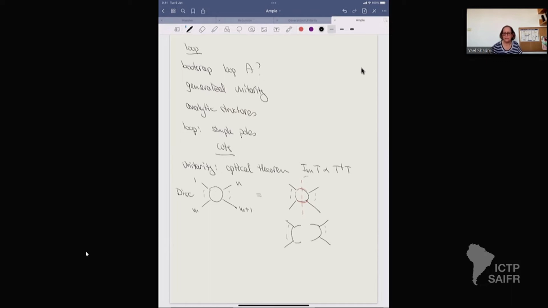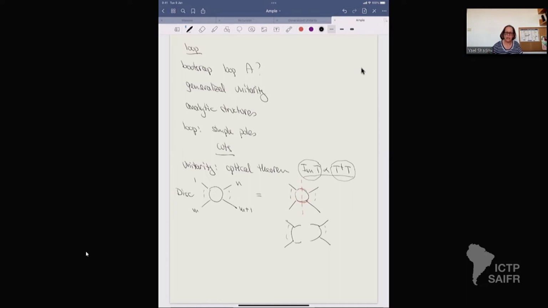Just looking at this relation, you see that to leading order, there cannot be an imaginary part of T because that's going to be just higher order, because on this side you have T dagger T. So the first time you encounter this is when you look at one loop diagrams where you can have two propagators that can go on shell. Okay, so this is the thing that we're going to use.